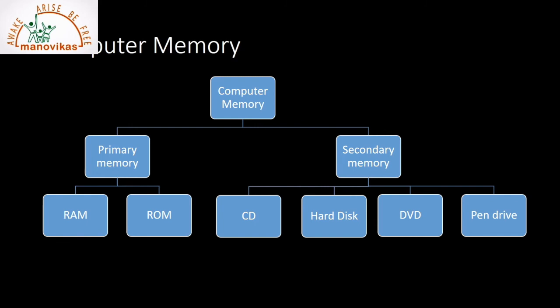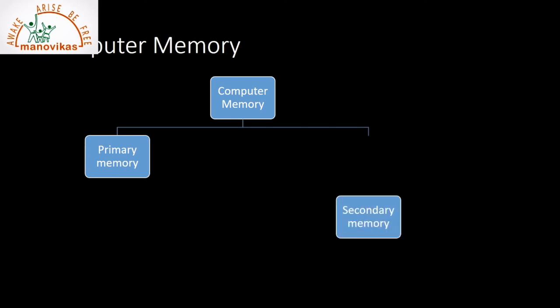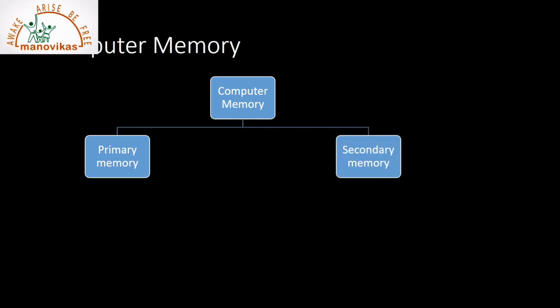Computer memory. A computer memory is made up of two parts, primary memory and secondary memory. Primary memory. A primary memory is the basic memory unit of the computer. As we all know, what is memory?